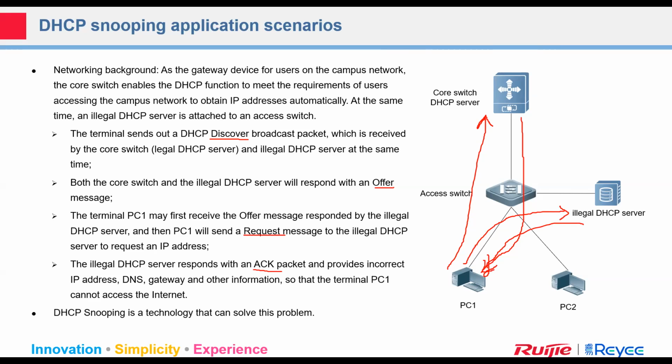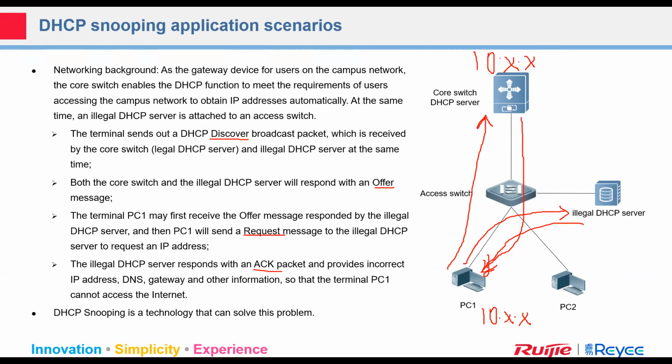So what happens here is, for example, in order for this PC to go to the internet, it requires a 10.x.x.x IP, which is given by this DHCP server.